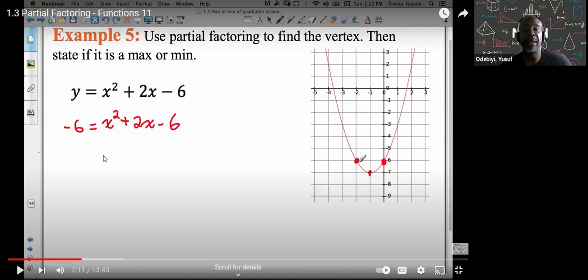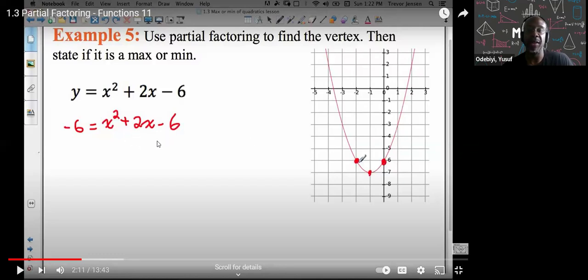Okay, so let's go back up again. If I set my y equal to -6, what he's showing you here, and this is why he has the graph here, is that your quadratic is always in symmetry. So if I have a -6 here, when I solve for x, I'll probably have two values of x.